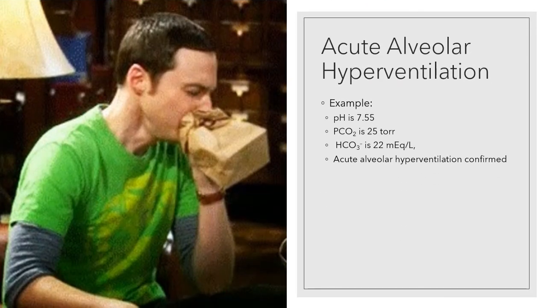Acute alveolar hyperventilation is confirmed when the pH is high, 7.55 for example, when the PCO2 is lower than normal, for example, 25 torr, and the bicarb is within normal limits, or 22 milliequivalents per liter.